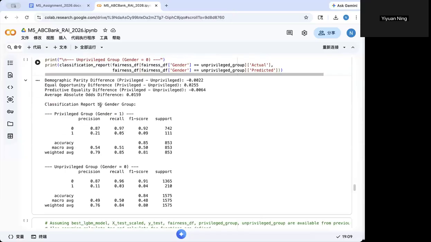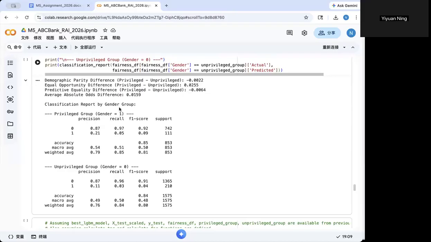Before adjustment, the model shows a demographic parity difference of about negative 0.0022, an equal opportunity difference of 0.0255. Overall, these values were already relatively close to zero, suggesting that the model had reasonably good fairness performance.